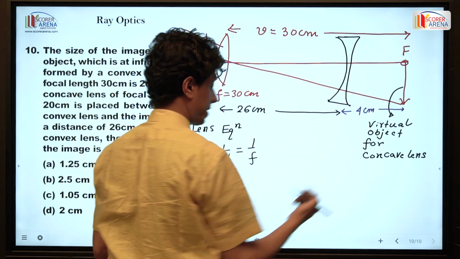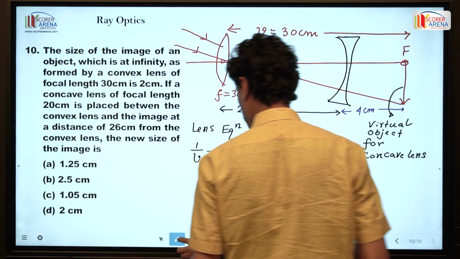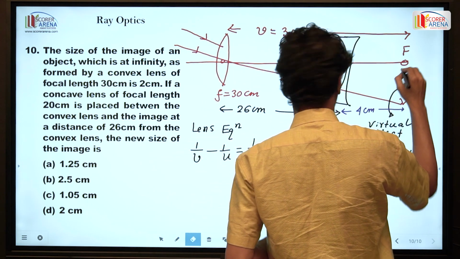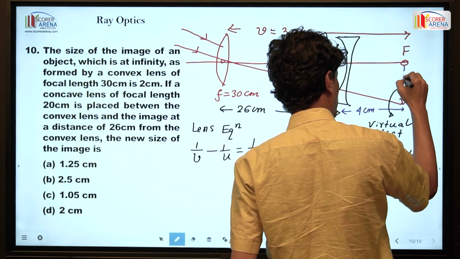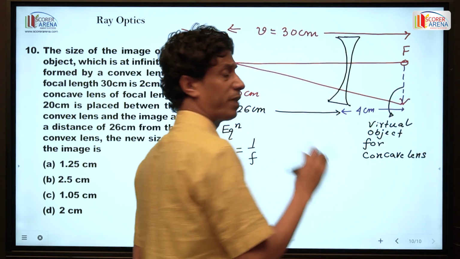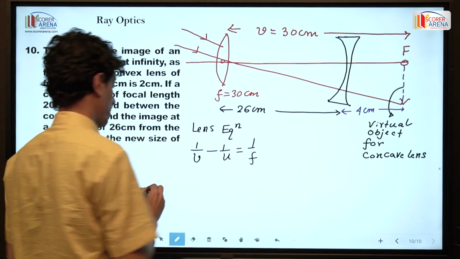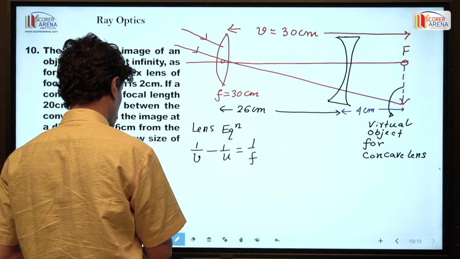So this image behaves as a virtual object for this lens.